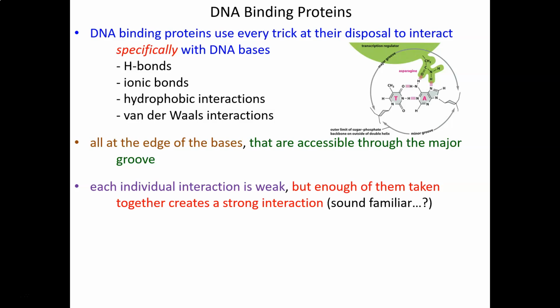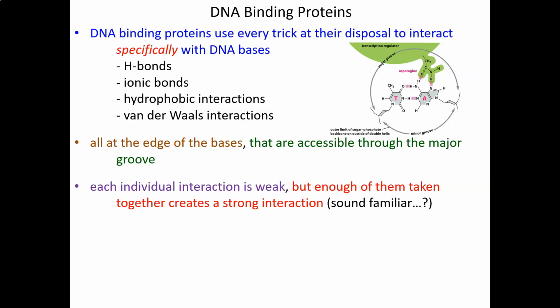Each of these individual interactions between a single amino acid on the transcription factor and a single base in the DNA, each of those individual forces, each H bond, each ionic bond, each van der Waals interaction is weak. But if we get a long enough sequence with many, many non-covalent bonding potentials, and we get a long enough surface of the regulatory protein that mirrors those bonding potentials to actually create these non-covalent bonds, then we've got lots and lots of individual weak forces that taken together creates a relatively strong interaction.